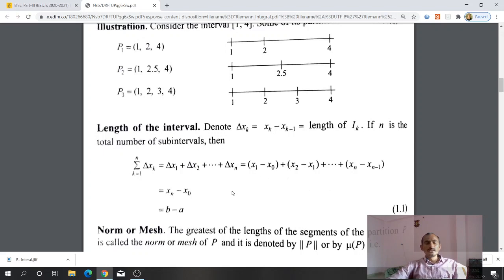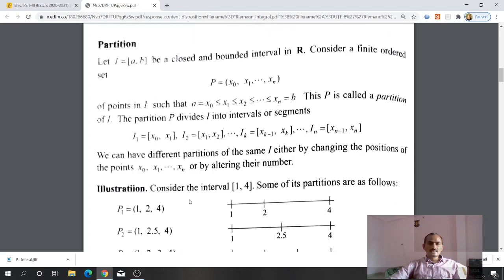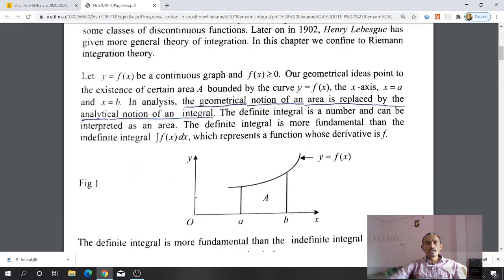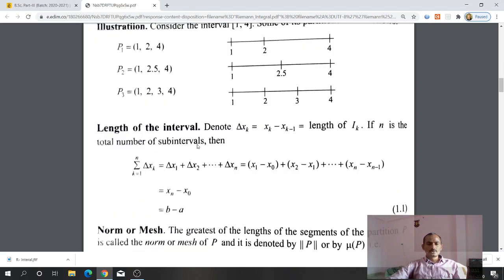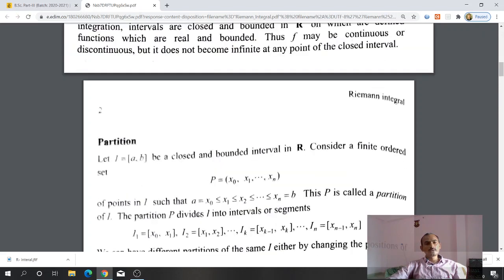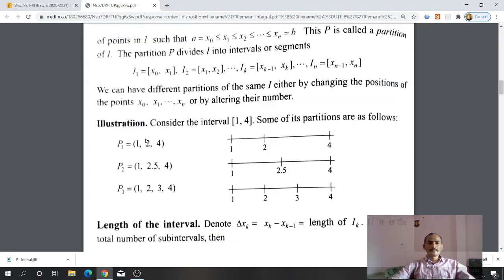But xn is b and x naught is a, so this is b minus a, the difference of b and a. So the length of I is b minus a.